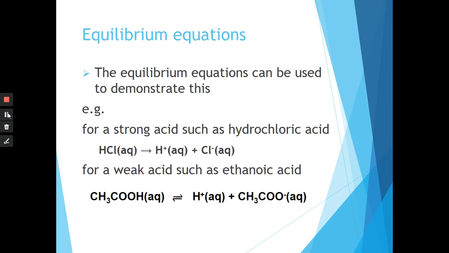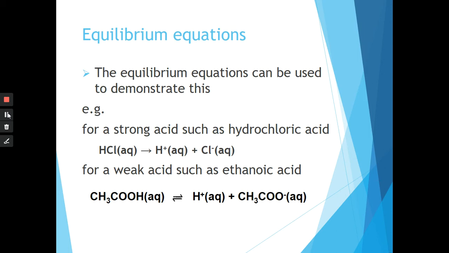Right, next thing we're going to look at is the equilibrium equation and what this means. So if I've got the strong acid, as you can see, I've got hydrochloric acid, it's going to split completely into hydrogen ions and chloride ions. Whereas for my weak acid, my ethanoic acid, we're going to have an equilibrium. We're going to have some molecules that are still ethanoic acid, and we're going to have some hydrogen ions and some ethanoate ions.